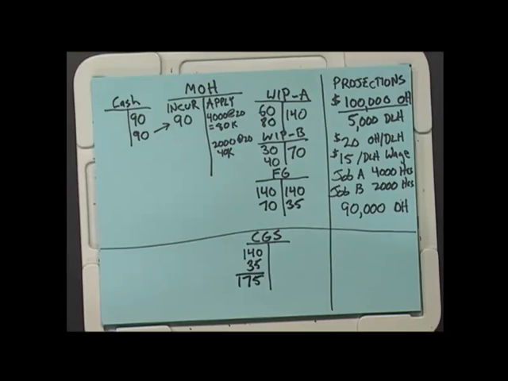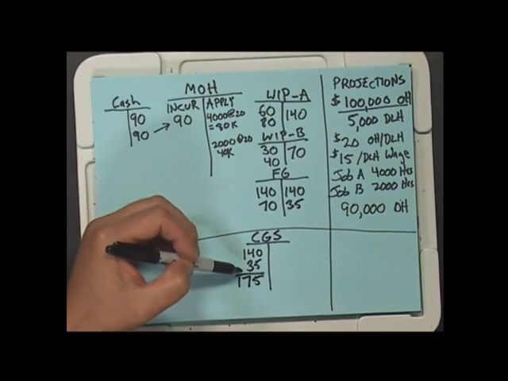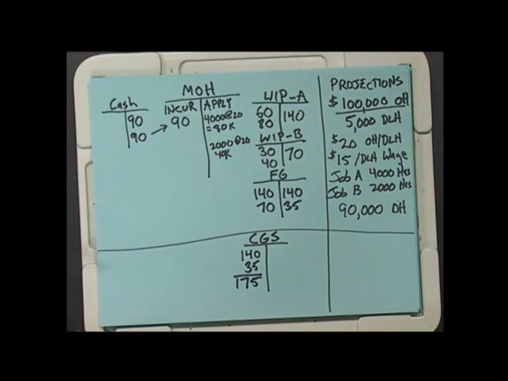Okay, so where are we now? We now actually have our unadjusted cost of goods sold number. This number is the sum of the reported costs of everything we sold. What do I mean by reported costs?